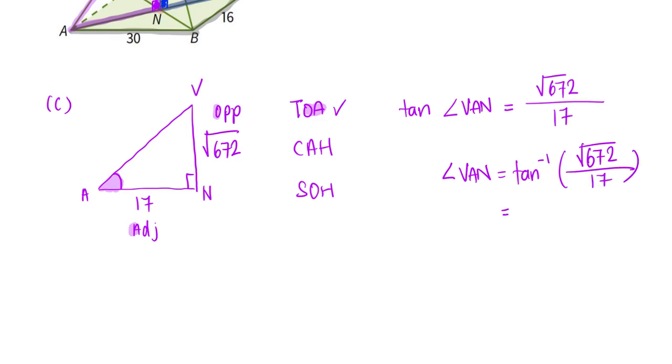So this will be equal to 56.744 to 5 significant figures, followed by the final answer, 1 decimal place.